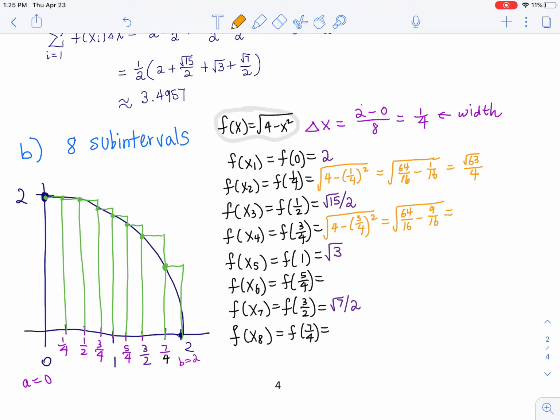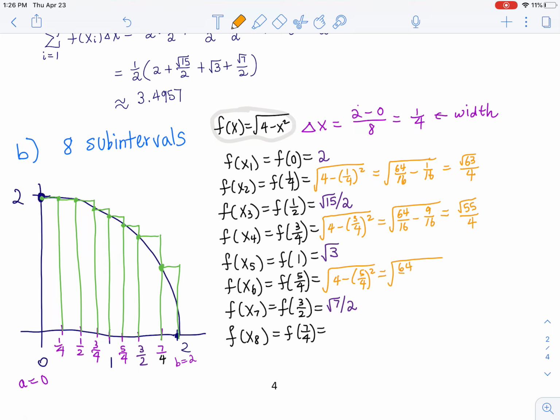Okay, next one. Down here, I'll do 4 minus 3/4 squared. I'm making the first fraction 64 over 16 so that I can subtract 9 over 16 from it. And what is 64 minus 9? That is 55. So that 55 will stay in the square root, but square root of 16 will come out as 4. Yay! Keep going. Next one.